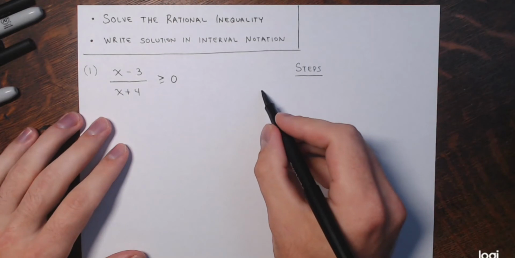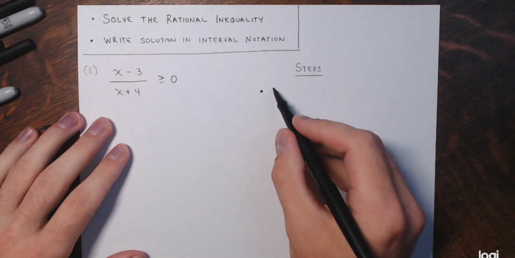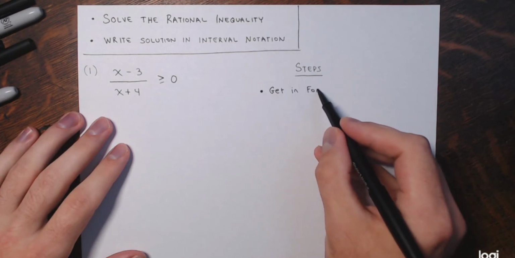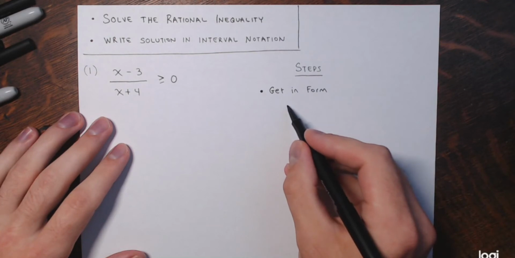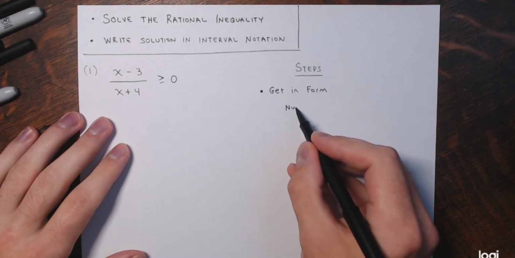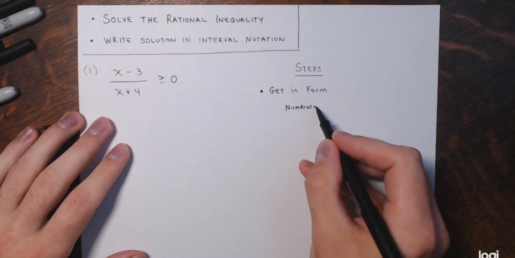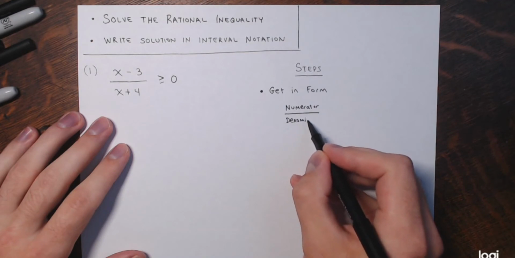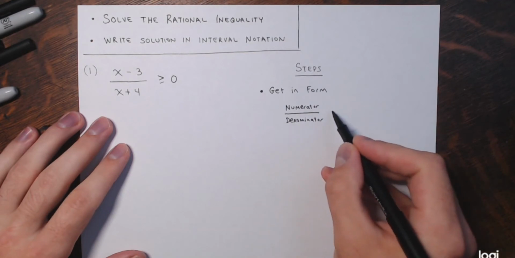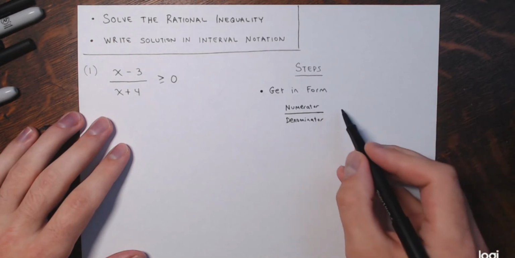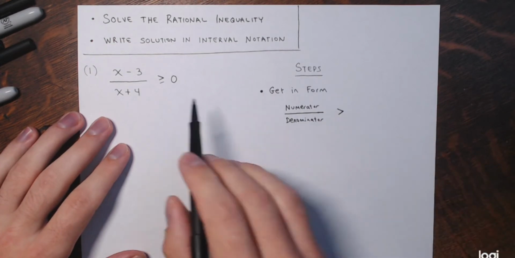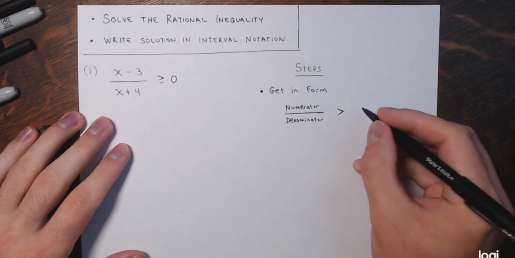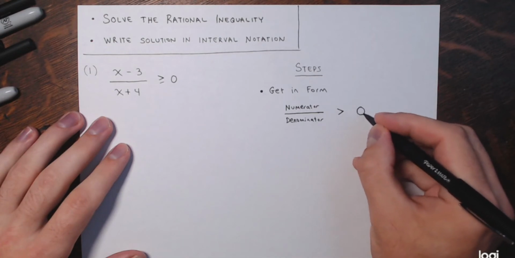The first step is to get the inequality in the following form: a single fraction, a single numerator over a single denominator on one side, then the inequality symbol, whether greater than or equal to, greater than, less than, or less than or equal to, and then 0 on the other side.